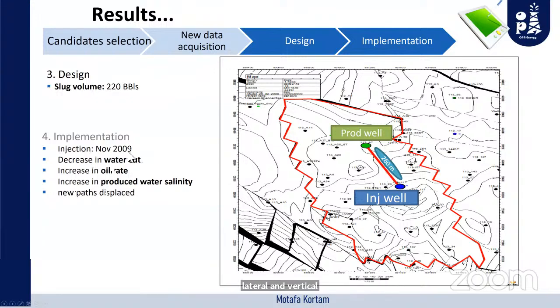So we bumped the treatment, and as expected, there was a decrease in the water cut and an increase in the oil rate. Also, we saw an increase in the water salinity, an indication of a new flush of water that was moved towards the producer well. So it indicates a new waterway has been created or displaced.